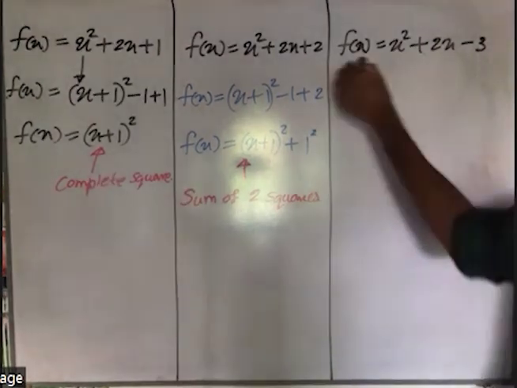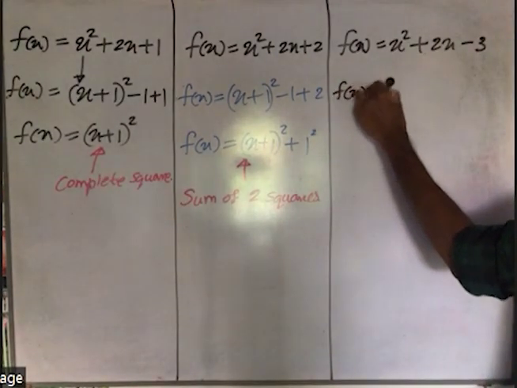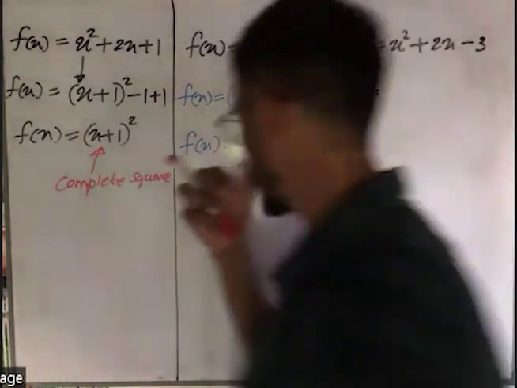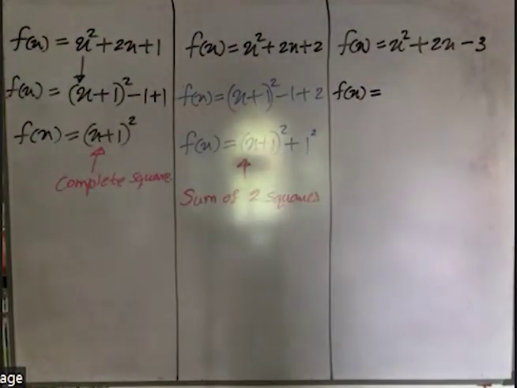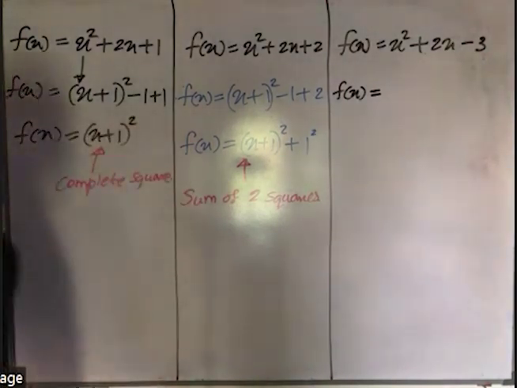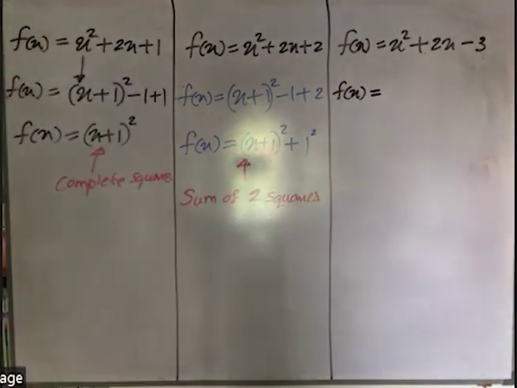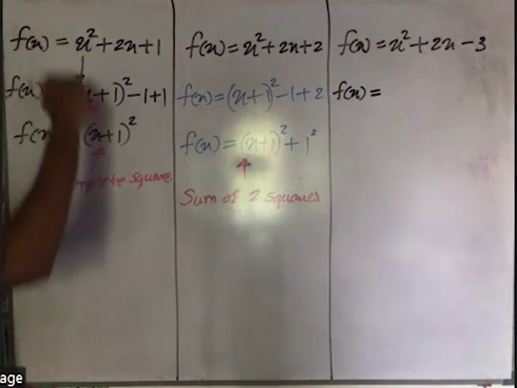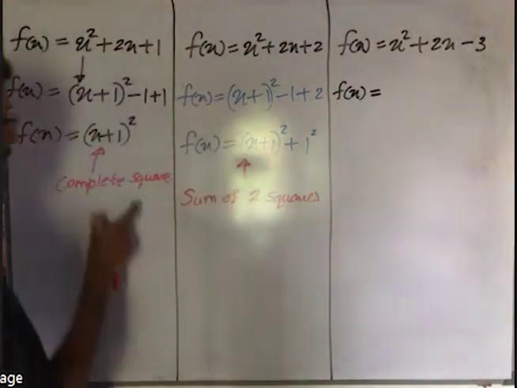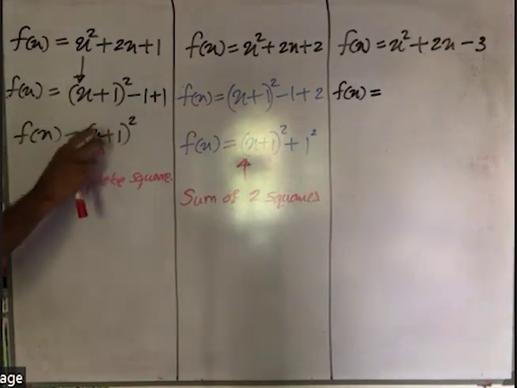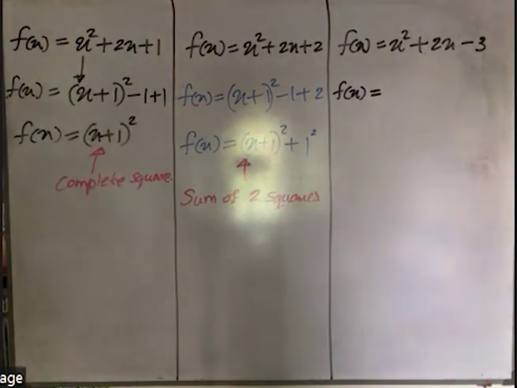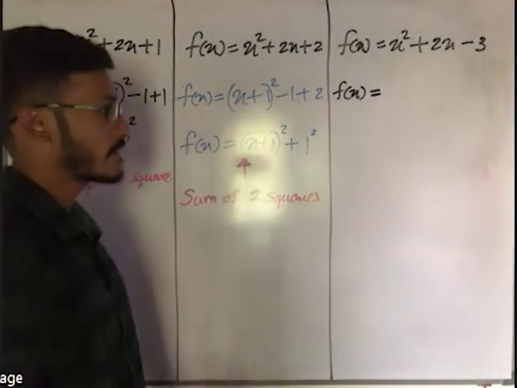I'm going to explain about the roots and solutions of these quadratic functions using this. So first I have used the completing square method to simplify these two functions. Here we have a complete square, that means x plus 1 and x plus 1 are the two factors. Here we don't have any factors.